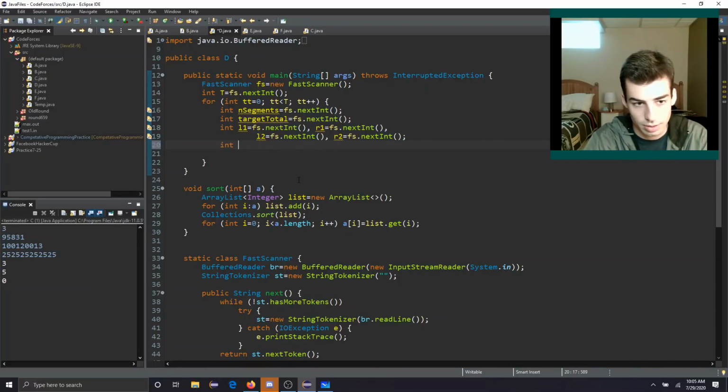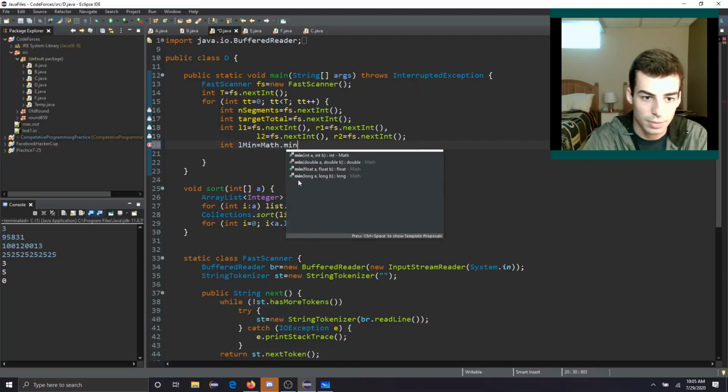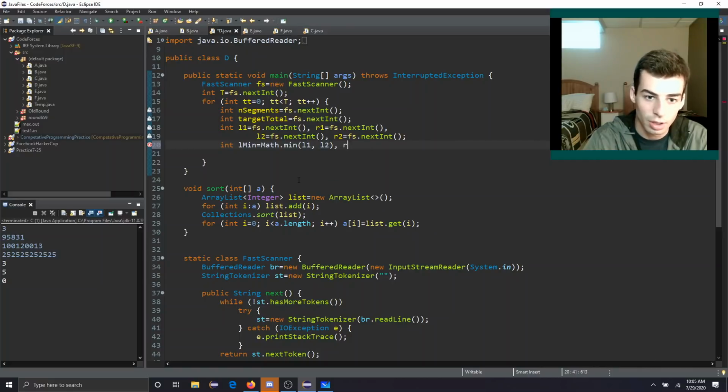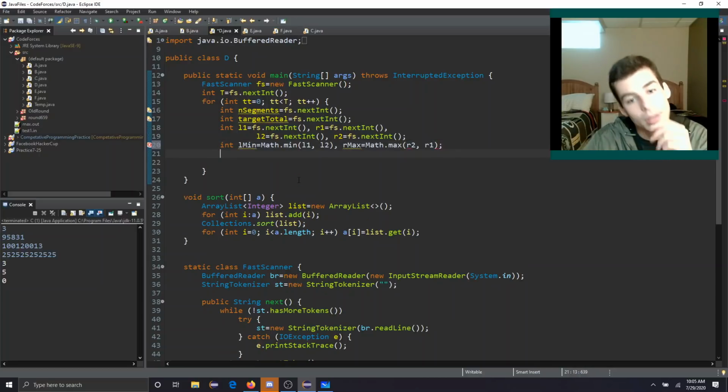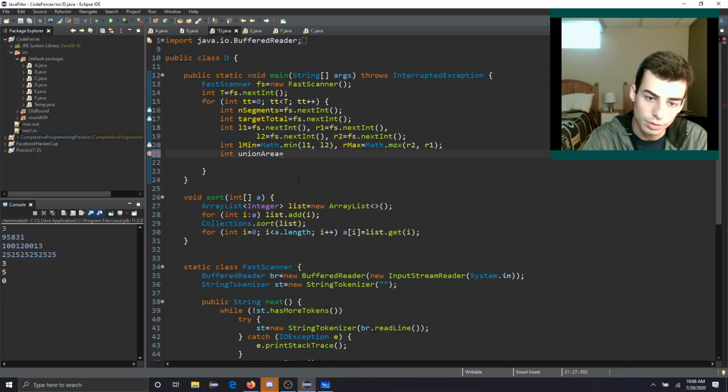So now int lmin equals math.min of L1, L2, rmax equals math.max of R2, R1. Int union area equals rmax minus lmin.